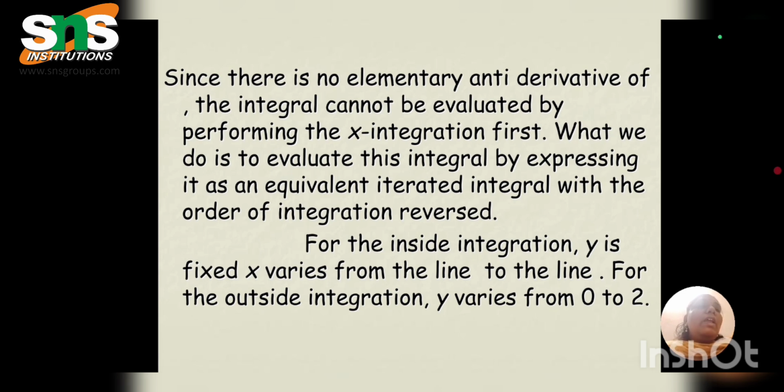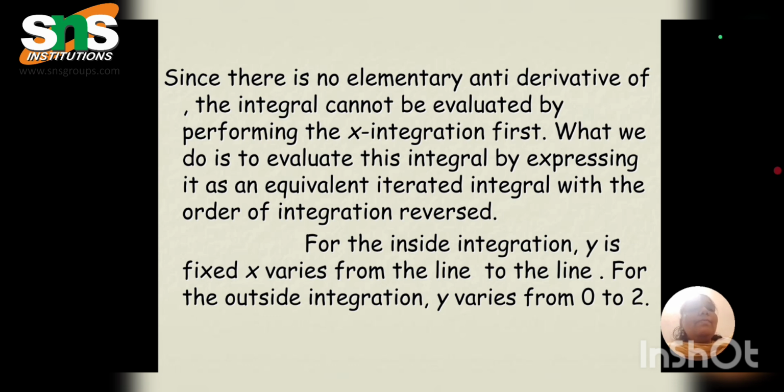There is no elementary antiderivative, so the integral cannot be evaluated by performing the integration in x first. So we evaluate this integral by expressing it as an equivalent iterated integral with the order of integration reversed. For the inside integration, y is fixed and x varies from line to line.